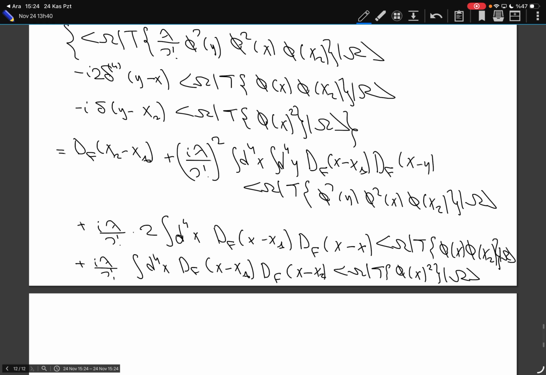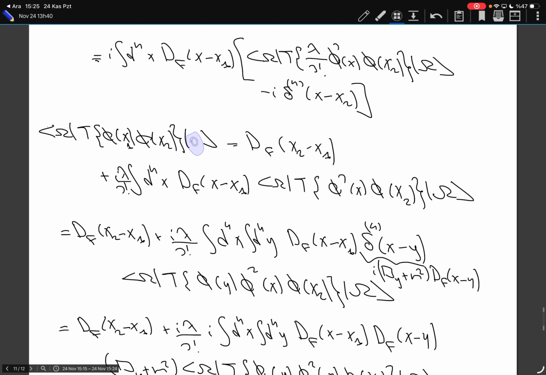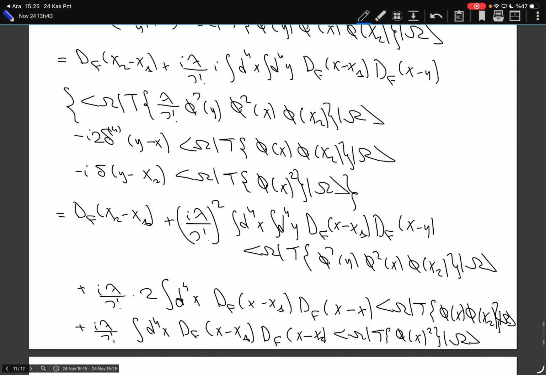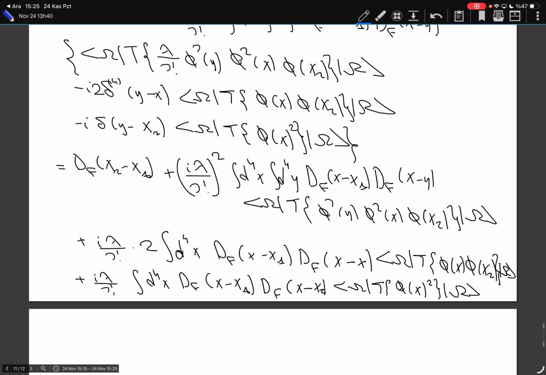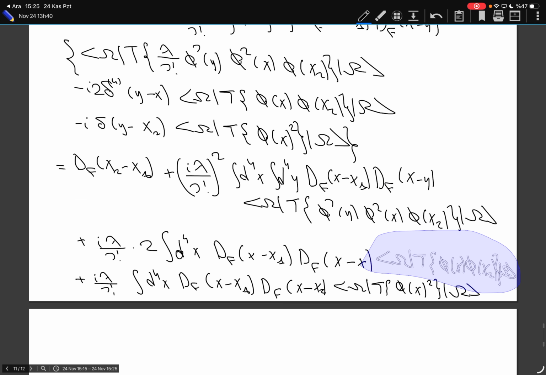Okay, up to now, everything is exact. On the left-hand side, I'm calculating this exact two-point function. On the right-hand side, I also have, okay, this is the Feynman propagator I have. This is an exact 6-point function. This is an exact 2-point function.